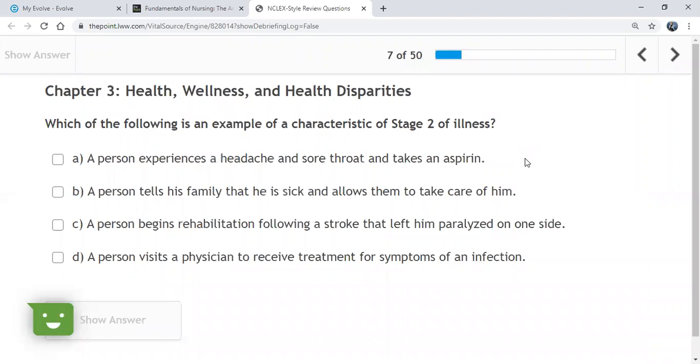Which of the following is an example of the characteristic of stage 2 illness? So stage 2, stage 3, stage 4 illnesses, we're talking about Suchman's, right? You guys remember Suchman's? We were talking about him the other day.